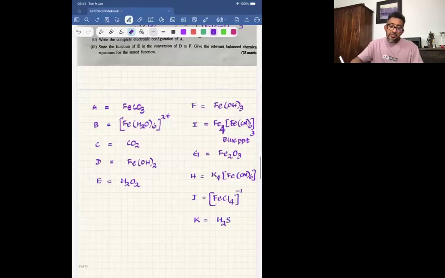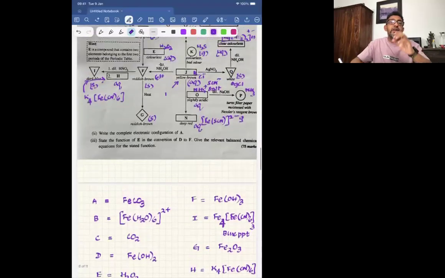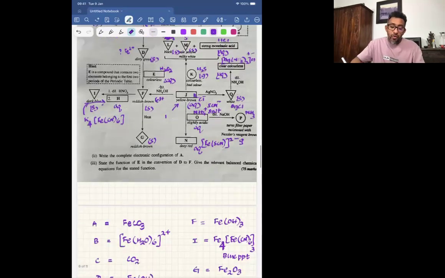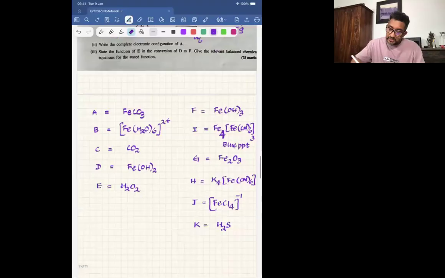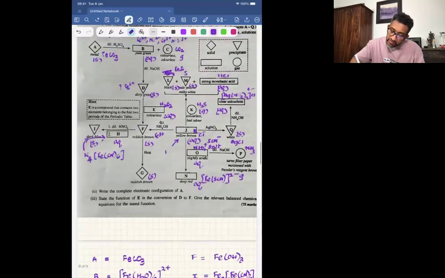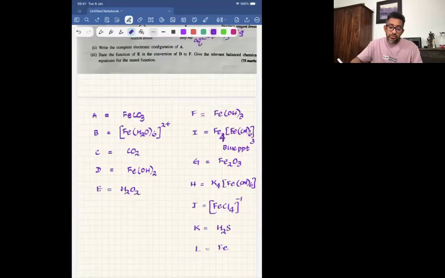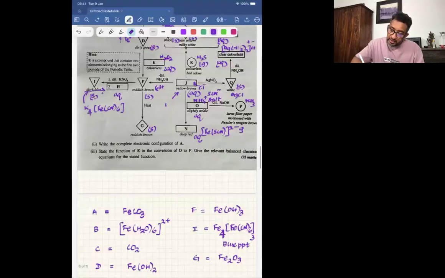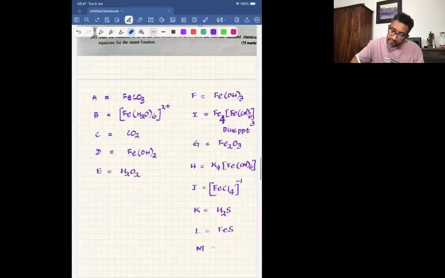When you add hydrogen sulfide, Fe3+ reacts to give you Fe2+. And that is how the yellow material forms. L is ferrous sulfide. If you want, I'll write down the reactions also. Pale yellow color M, so M is sulfur.